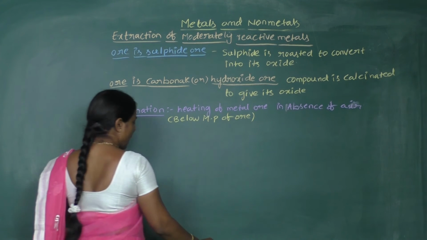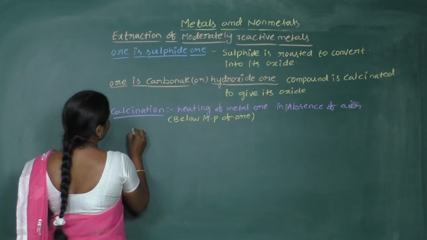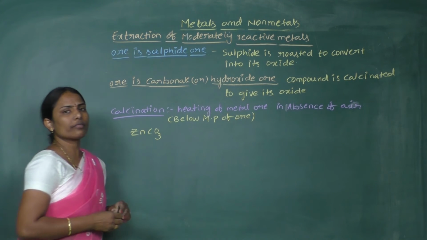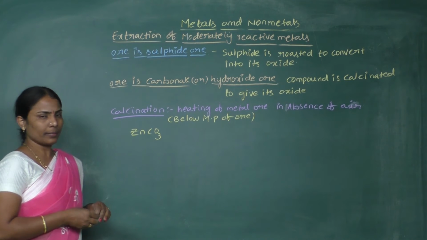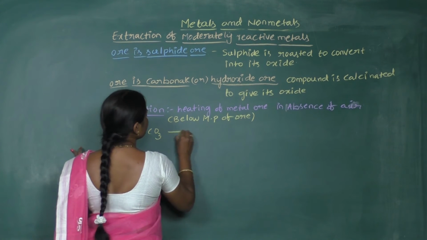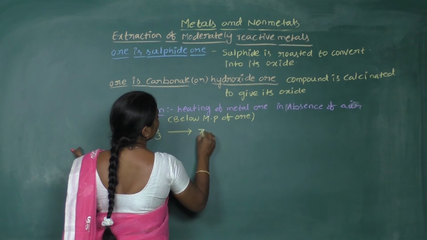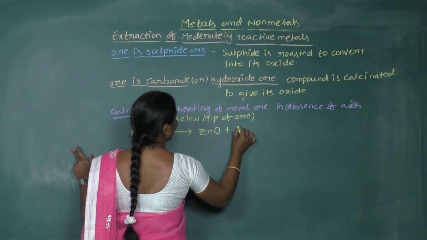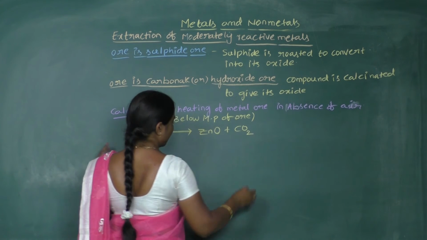Now, as an example, we'll take zinc carbonate. This is an ore from which we can extract zinc. Whenever we heat the carbonate of zinc, it will decompose to give ZnO with the release of carbon dioxide.